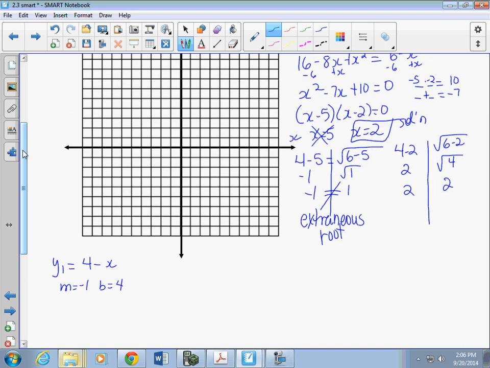So I can graph that one easily. 1, 2, 3, 4. And then negative 1 slope, so I'm going to go down 1 over 1. And this way I'd be going up 1 over left 1. Okay, so I'm going to put one more here. Draw my line through here.